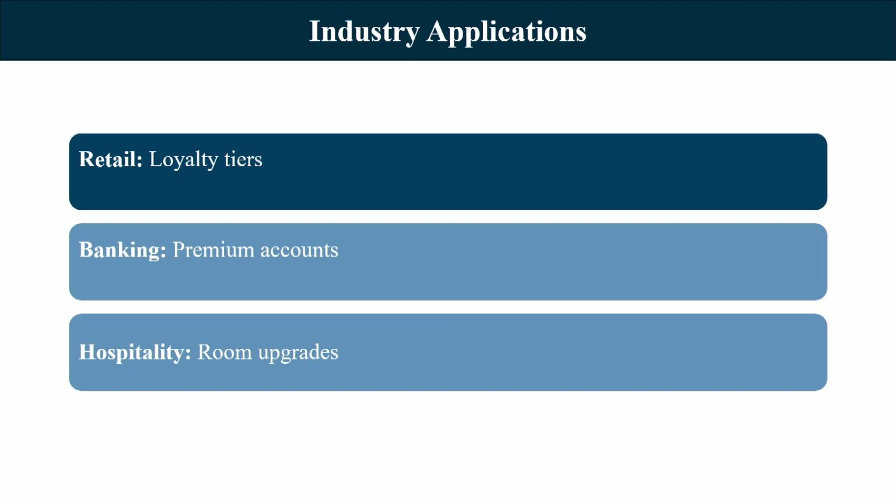In the context of banking, we can extend premium accounts with perks for high value customers. In the hospitality industry, sometimes we can do room upgrades or priority bookings for the top guests, because we know that they will keep bringing more value for our organization. At any cost we want to keep satisfying them, so that they stay with us for a longer period of time, right.